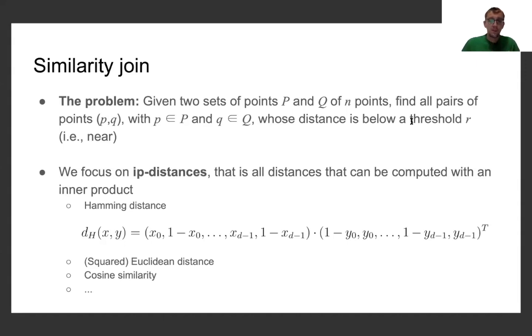In this paper, we focus on distances that we call the IP distances, that is, all distances that can be computed with an inner product.